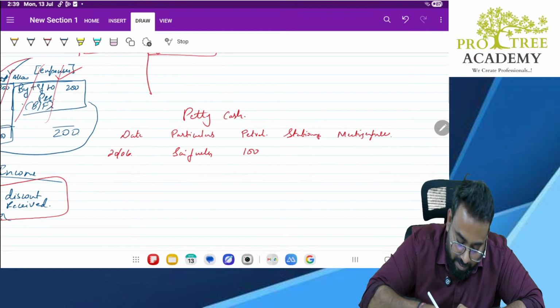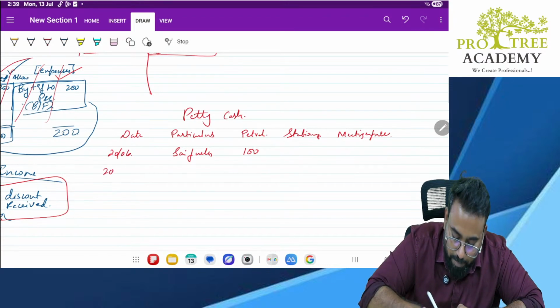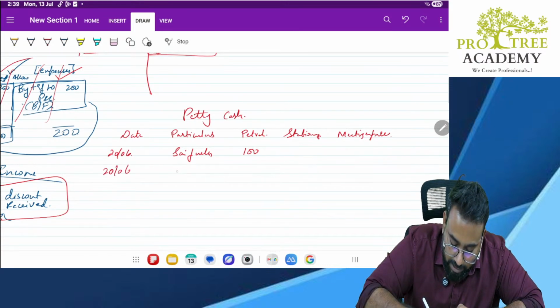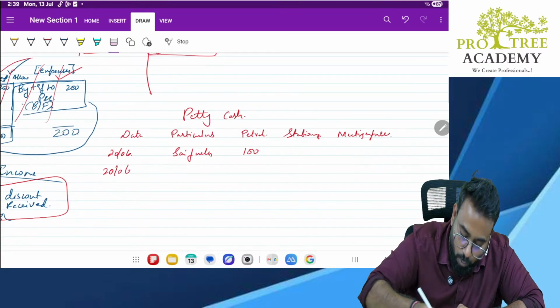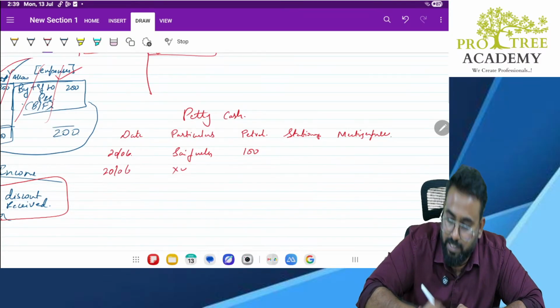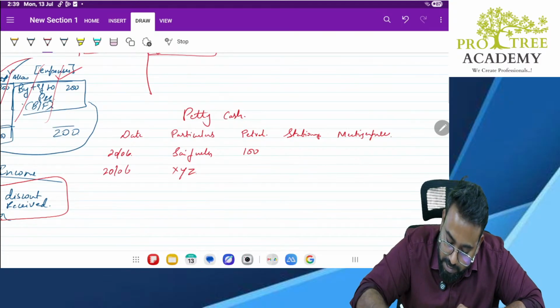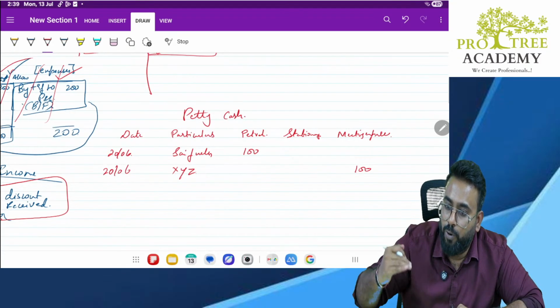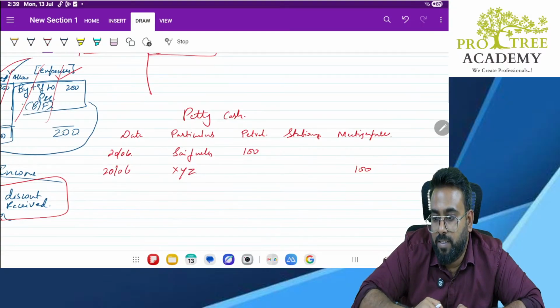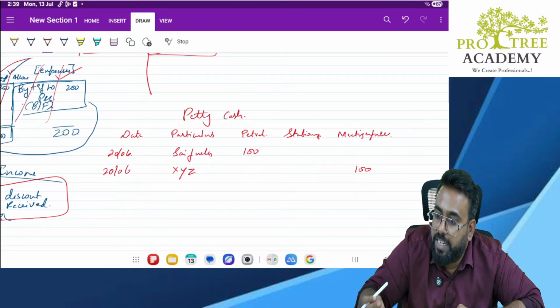Clear? Then again on 20th June he purchased, say for example, for meeting expenses he purchased some biscuits. From whom? Say from XYZ. So meeting expenses 100. Clear? Like that he will keep going on recording all the expenditure till the 5,000 is met.